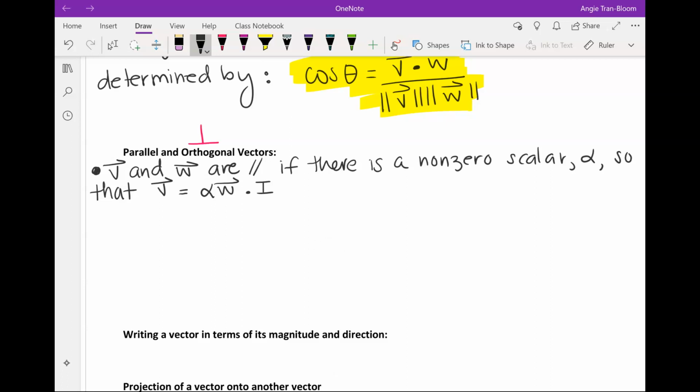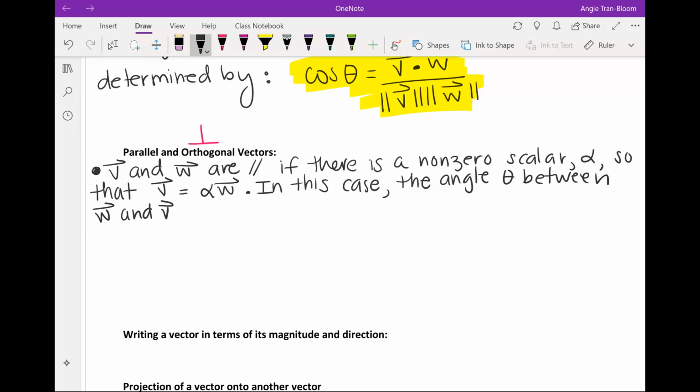If this is true, the only difference is the scalar, then these are parallel to each other. In this case, the angle theta between vector w and vector v is either 0 or pi.